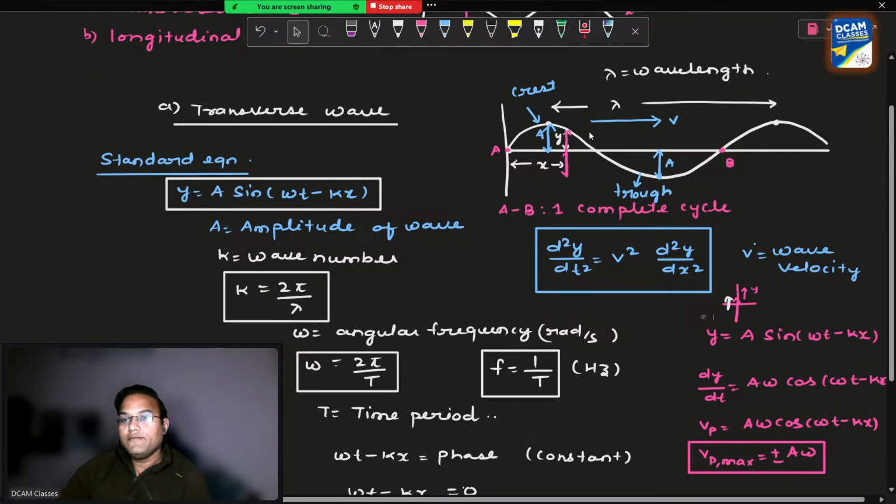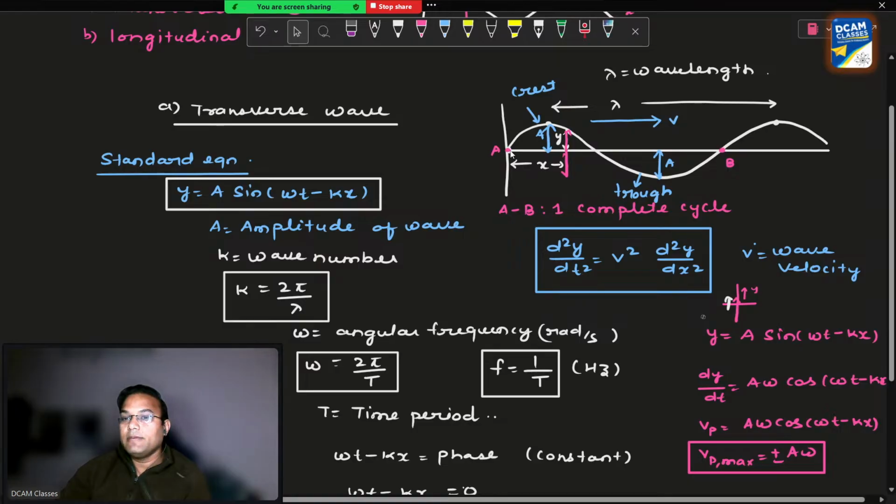See, when the wave travels, the particle stays here only. Think like this: when the wave moves, the backward part comes to this position, and the particle will move up. Then it will move to the top position. Then the part behind will come here, so the particle position will move down.